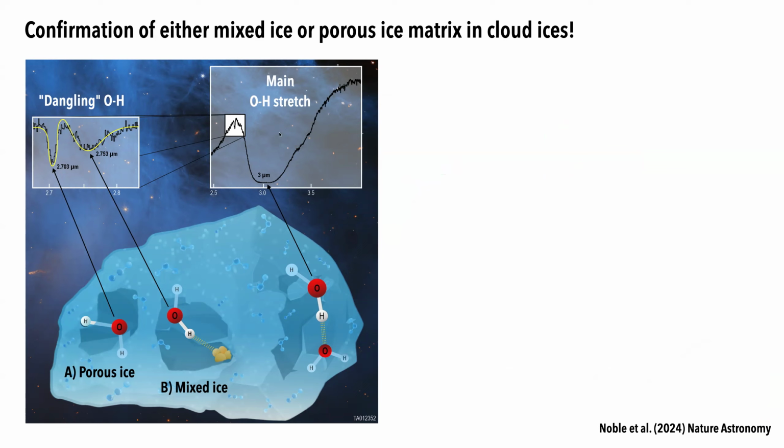So we can look at this weak feature that I briefly flashed on the screen earlier. This is the main water OH stretch feature here at 3 microns. But in the blue, the shorter wavelength wing of the feature, there are these two little itty bitty tiny features. And these are called dangling OH.